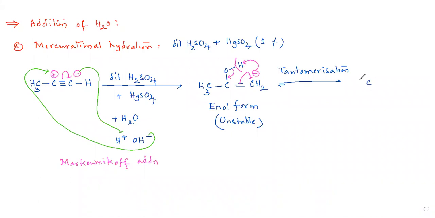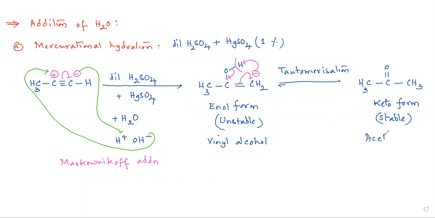Now CH3, C double bond O, then CH. So in the beginning we got vinyl alcohol, and now we got keto form, which is stable. This is of course acetone.